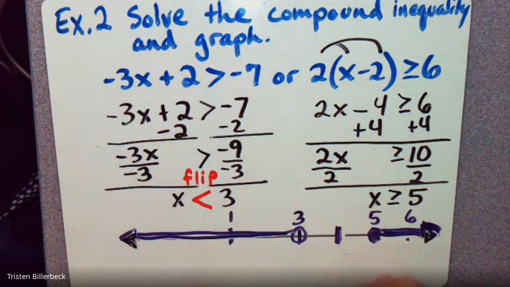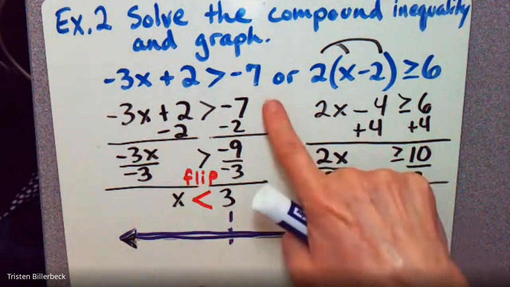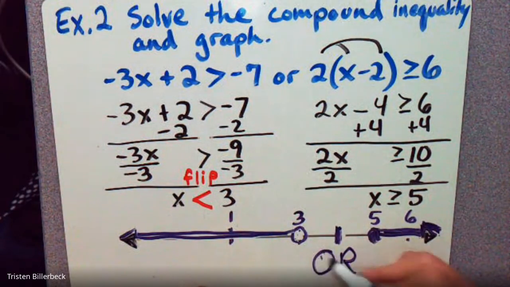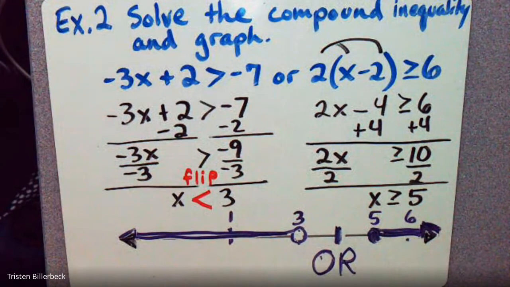Okay, so that's what an OR would look like. Make sure that that's a nice open point there. And then because 3 is not included with an equal bar, and then that is equal to, so we have a closed point. And this is definitely an OR situation because they go opposite directions. So that's what an OR looks like.